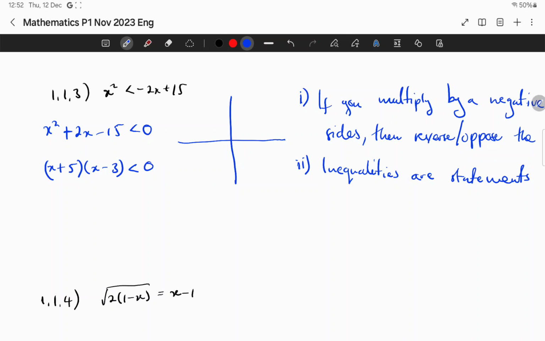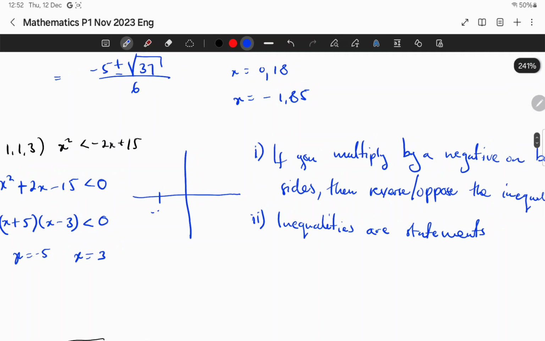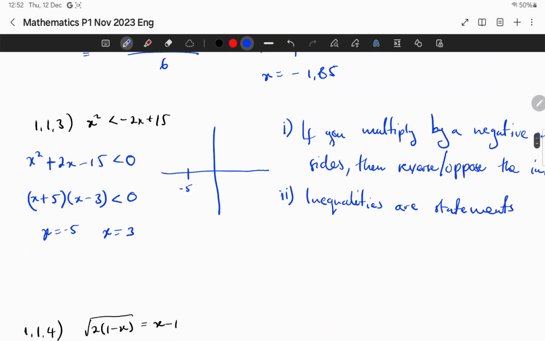So in this case, we know the roots are x is equal to -5 and x is equal to 3. It has an intersection point at -5. When I say intersection, I mean intersecting the x-axis. That's where the roots occur, and also at +3.